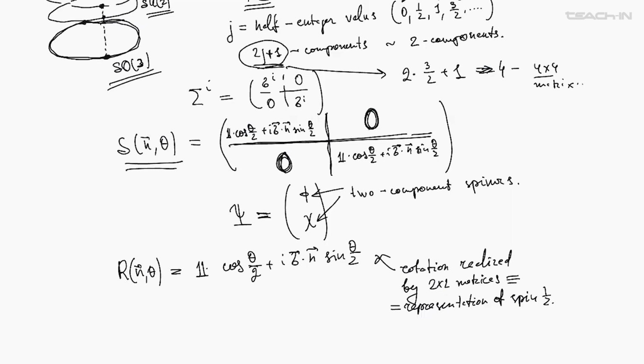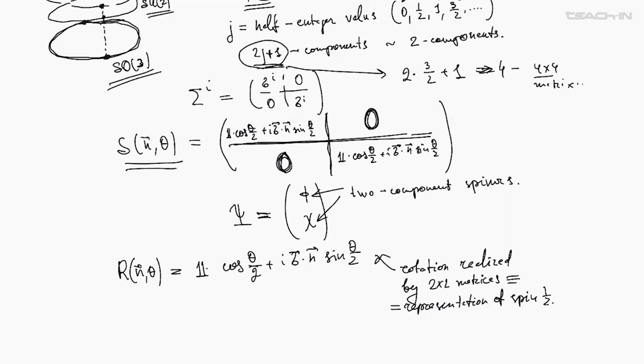That means you can restrict your representation just to phi or just to chi, where on these spinors it acts in the same way. So in fact, our 4-dimensional representation just breaks into two representations on these two-component spinors, and each of them is just a representation of spin 1/2, realized by 2x2 matrices.